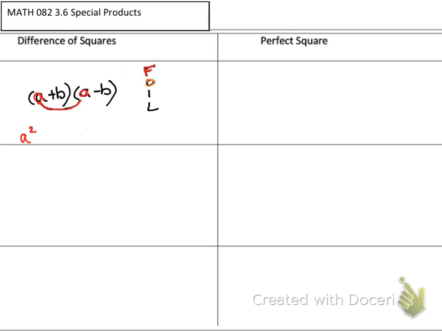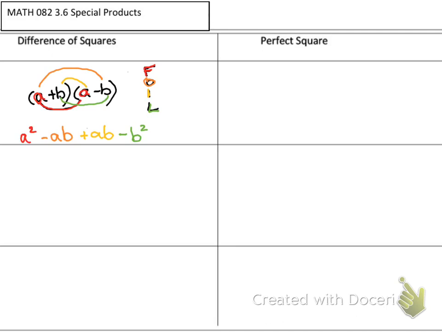Then we do our outer terms, so that's a times negative b, or negative ab. Then we do our inner terms, which is a times b, or plus ab, and then we do our last terms, which is b times negative b, or negative b squared.